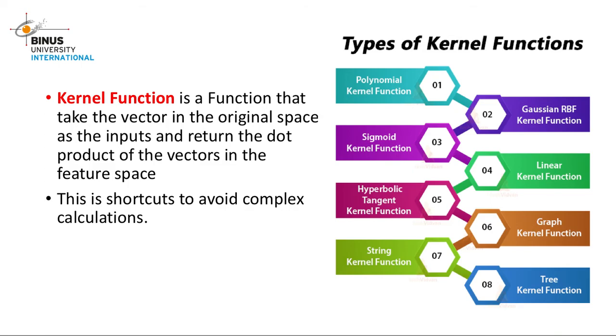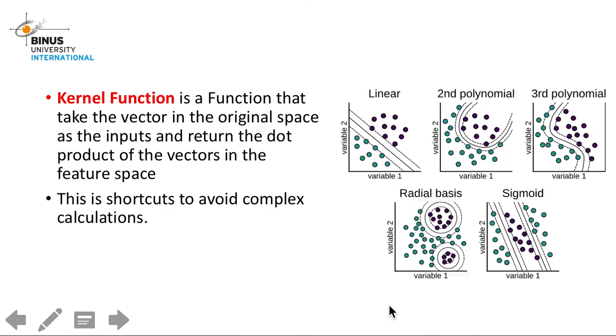How many types of kernel functions can we use? It's quite a lot. The most common ones are polynomial, Gaussian, sigmoid, linear kernel functions, hyperbolic tangent, graph, string, and tree kernel functions. So this is the visualization. The linear is like this, just linear without any degree. Second polynomial looks like this.